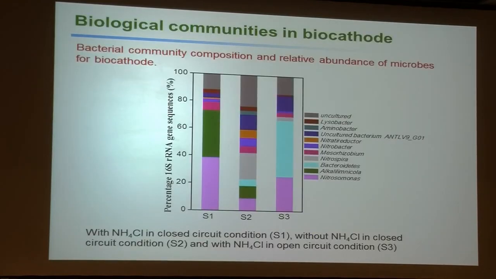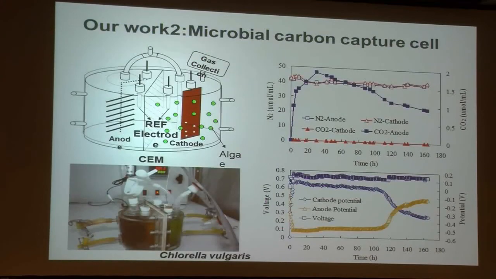We also analyzed the microbial community of the cathode. We selected 3 samples, with ammonium chloride and without ammonium chloride, and we can find some bacteria in the 3 systems. It's also a very strange phenomenon that we want to explain in the future.